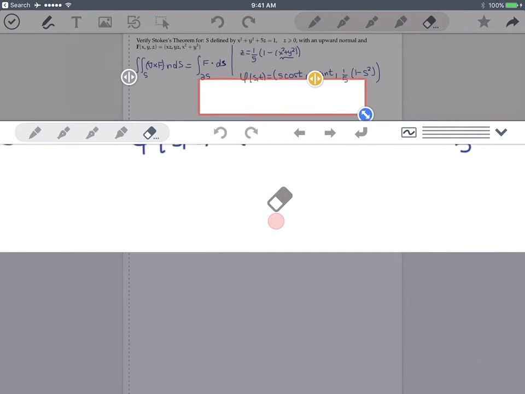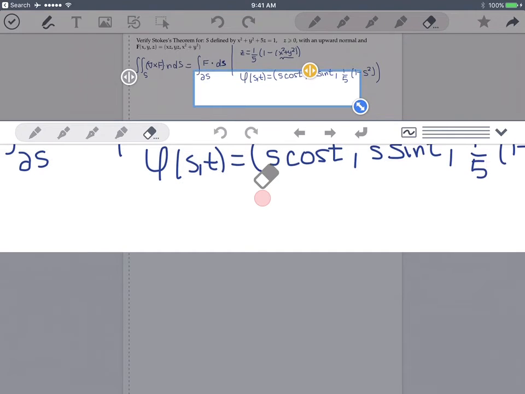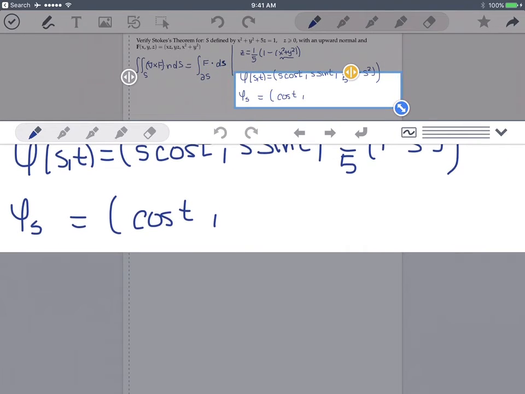Let's find the normal. I do need to find the normal, so let's find phi s. Phi sub s is the partial of this guy with respect to s. It just gives you cosine t. The partial of the second component with respect to s just gives you sine t.